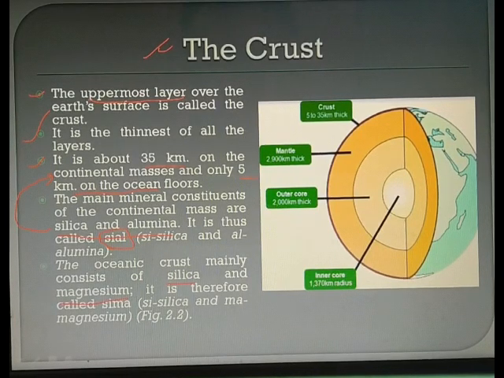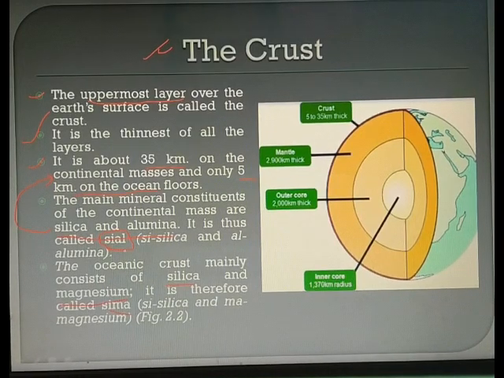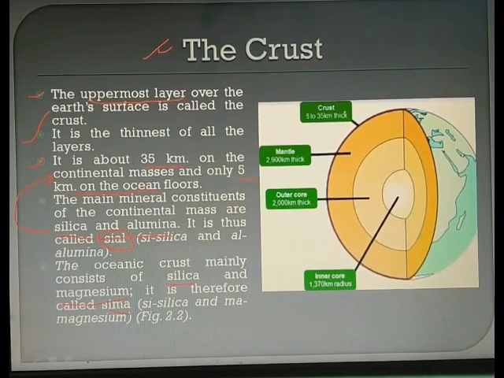So it is called SiMa in the oceanic area, that we call the oceanic crust, and SiAl in the continental mass area. And the crust is only this thick red line area. This is the part of the crust. So here we finish the part of the crust.